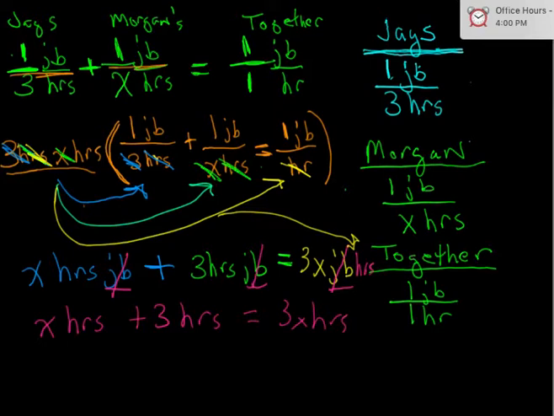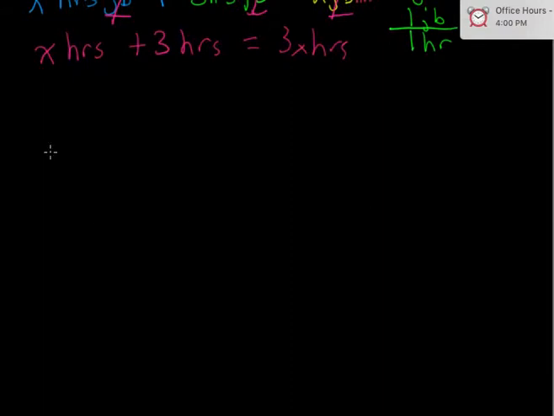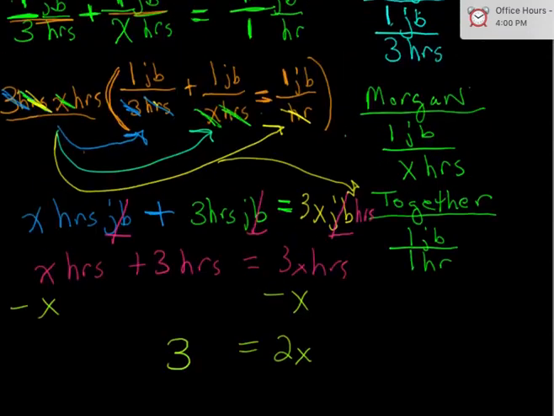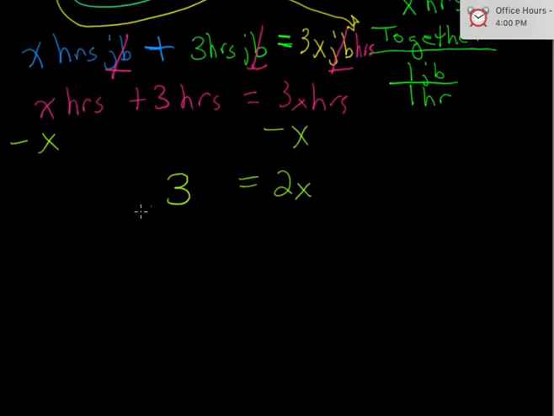Okay, so I will collect like terms. Pull this up to the top here. And subtracting x from each side, I get 2x equals 3, or x equals 3/2.